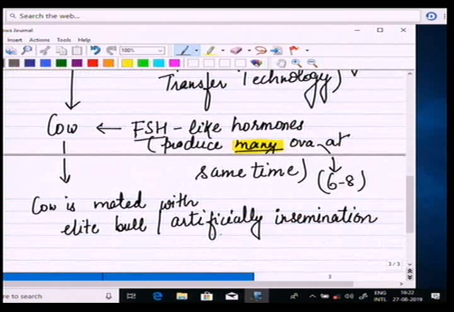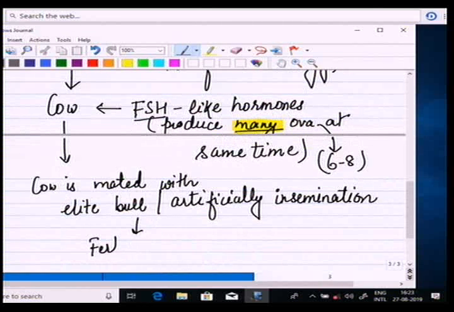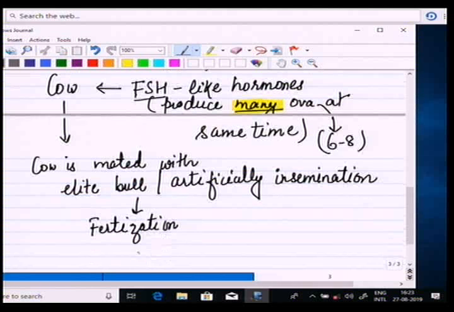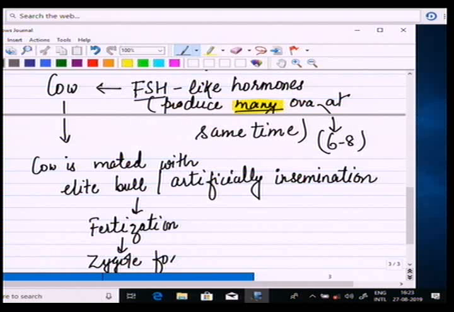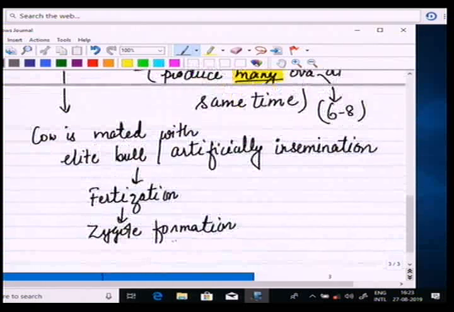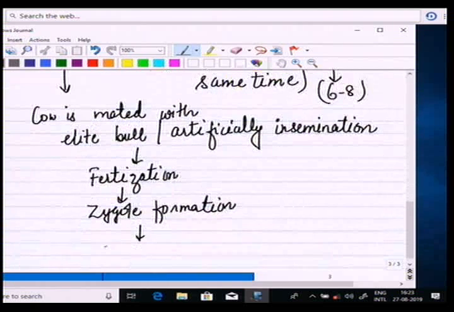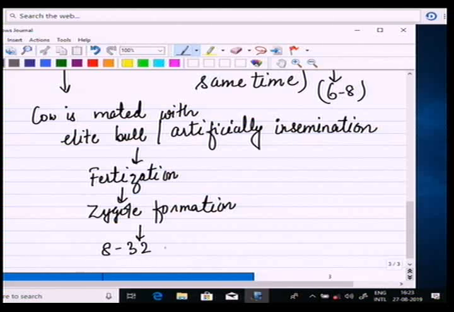Once artificially inseminated, there will be fertilization. This whole story we know, isn't it? Fertilization, then zygote formation. After zygote formation, there would be a stage of 8 to 32 cells. We have discussed all these things in the earlier chapters.